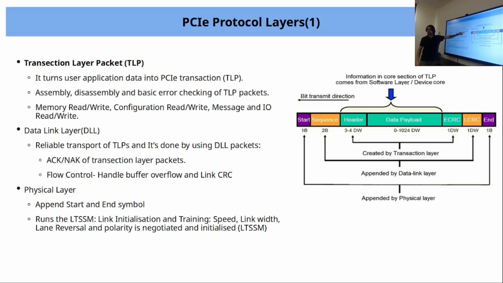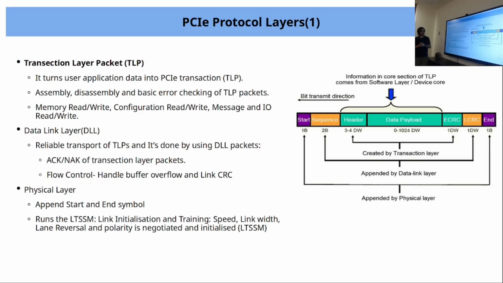We talked about PCI supporting MSI interrupts, which are message-based interrupts, not the hardware line, so for that we use message TLPs. And we also have IO read and write TLPs, but that is the legacy thing. We are not going to cover IO mapping in these slides anywhere. I'm just capturing it so that we know there are some kinds of packets. So this is what TLP is.